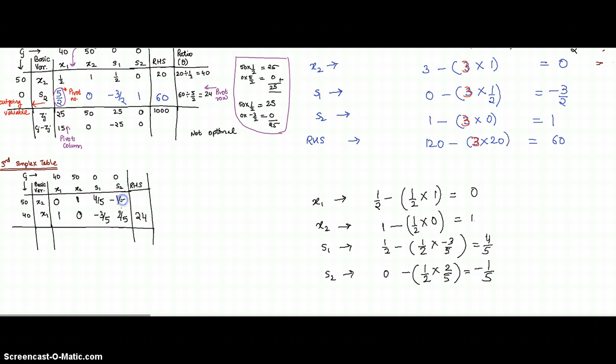To get the value here for RHS, how much is it? 20 minus half into the value here, 24. It is 20 minus 12. It is 8. So we'll get here 8. So this is the new table that we obtain.